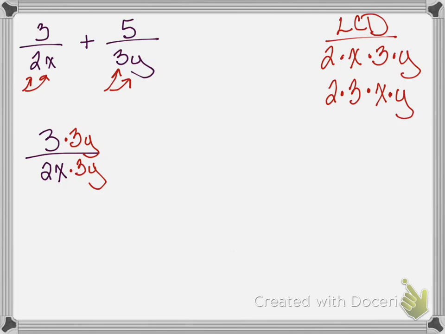They do not always recognize the x and y as part of the common or least common denominator. So writing it out is very helpful. Okay, so now let's do our second rational. So I have 5 over 3y. What am I missing in my denominator? 2 and x. Good. So I write it in the denominator and I do it in the numerator.